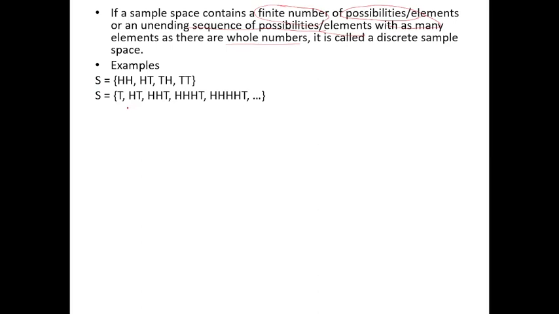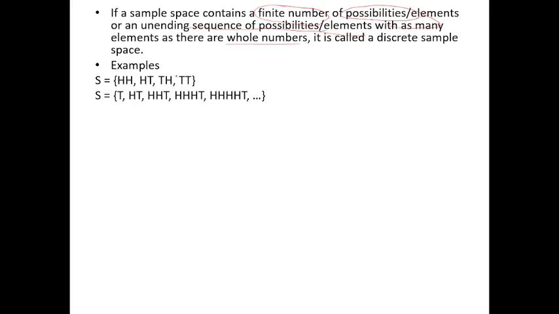When we say whole numbers, these are positive integers, including 0. 0 is also a whole number. So it is called a discrete sample space.